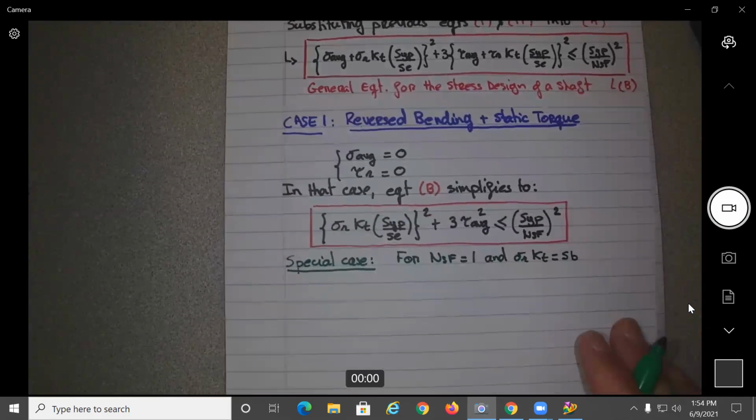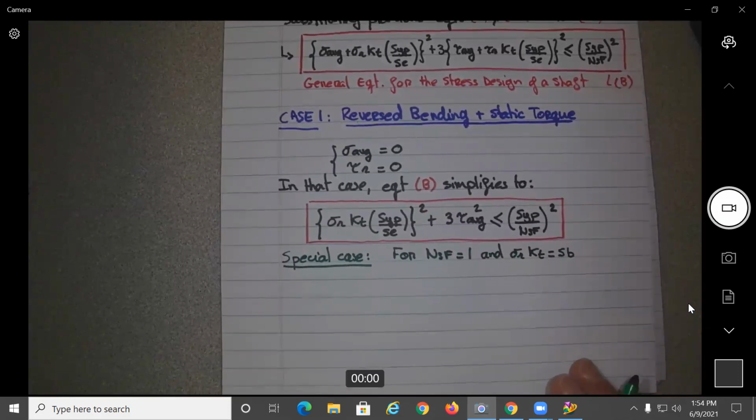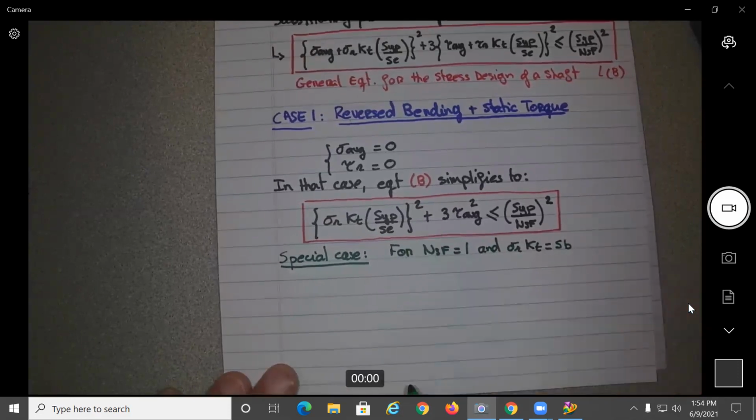So it's bending stress basically. Okay, I'm going to substitute into the above equation.